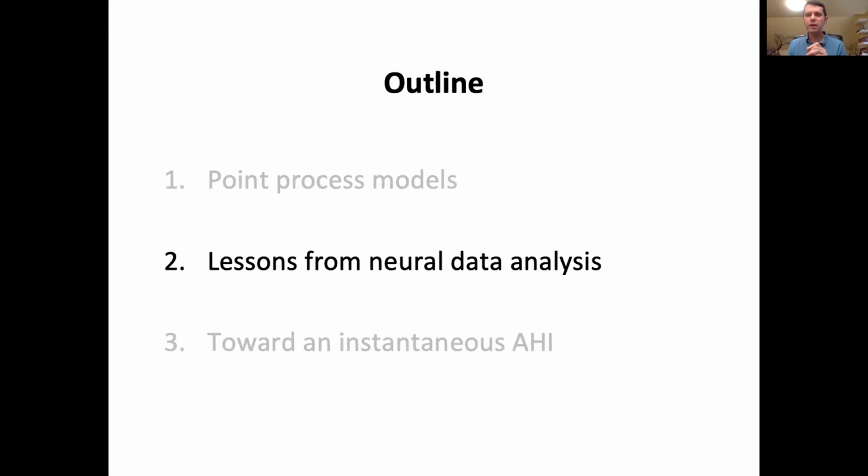Next, I want to take a few minutes and just go through a pair of simple examples among many that we've worked on, where neural data analysis has taught us a few lessons about the importance of applying particular classes of models and the usefulness of thinking of event data using point processes.